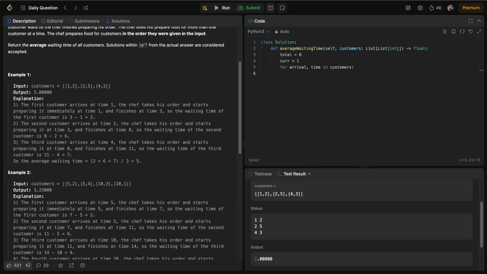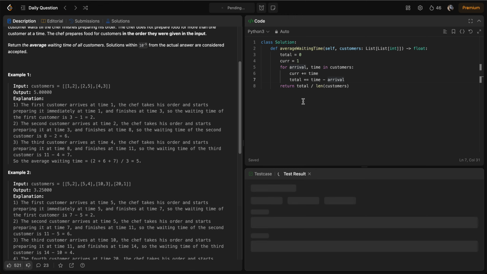So we can do cur plus equal time. So this is when the chef will finish preparing that customer's meal. And then we do total plus equal time minus arrival. So that's how long the customer has to wait. And then we can simply do return total divided by the number of customers, which is the customers' length.